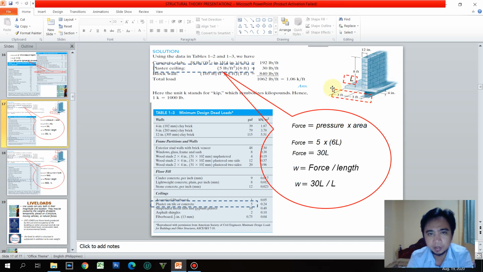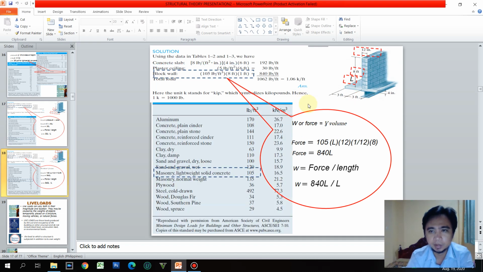This is actually 6 by L, right? So 5 times 6 by L, that is 30 L, and then the distributed load W, or force per length, 30 L all over L. So in short, that is 30, as L here will just be cancelled. 30 pounds per feet, as simple as that. So don't be confused with that.